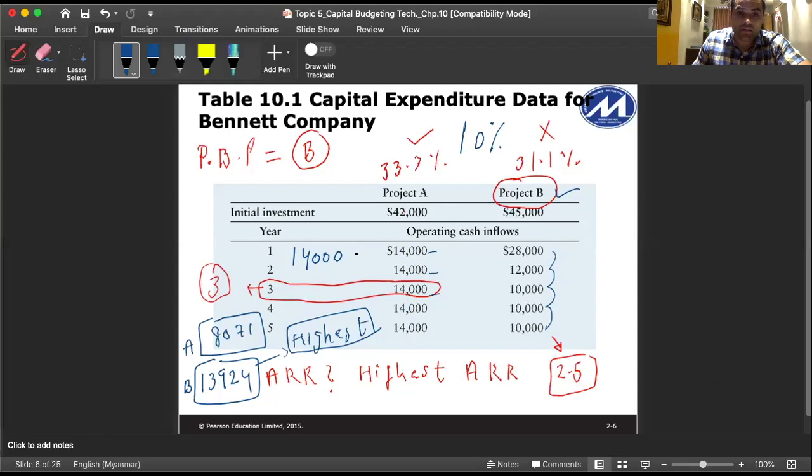So 14,000 multiplied by, you have to go to the NUT table. Now you tell me, go to 10% and time is 5 years. So row 5 and column 10. So what is the value? Tell me, looking at the table.